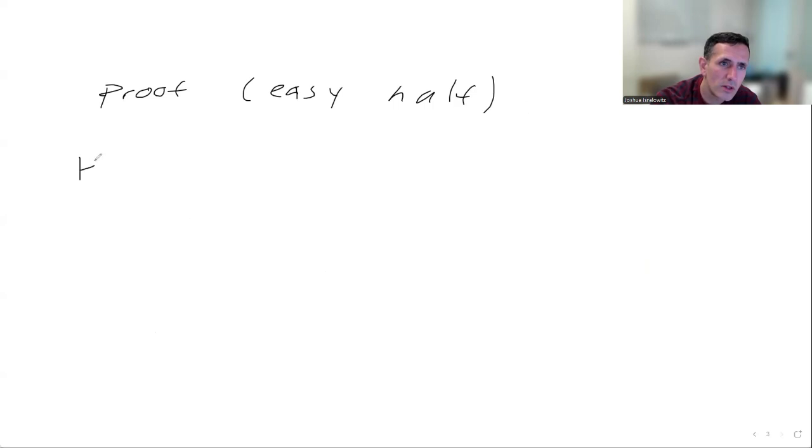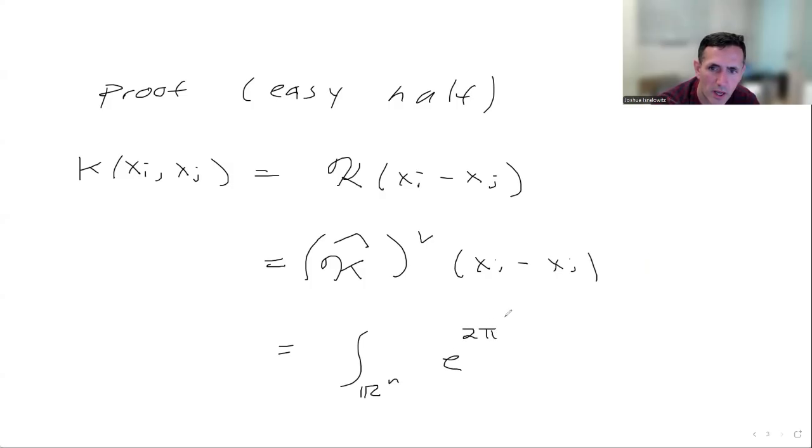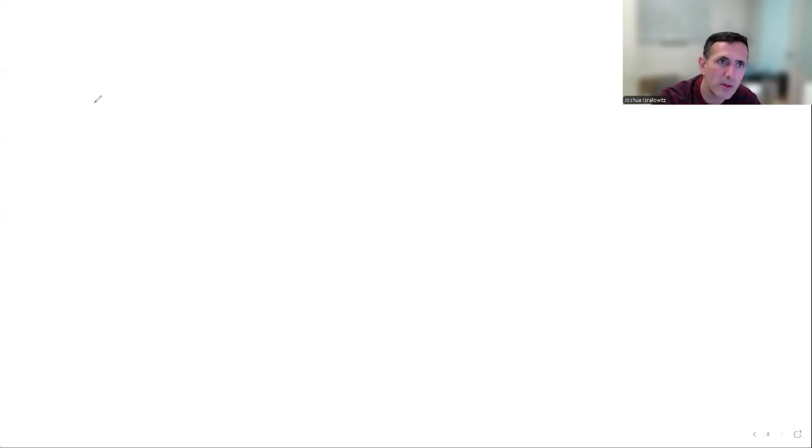So K of xi xj is going to be script K of xi minus xj. And so this is going to be Fourier inversion. So just write this out as an integral. So it's e to the 2 pi i, xi minus xj inner product omega. Let's compute this.